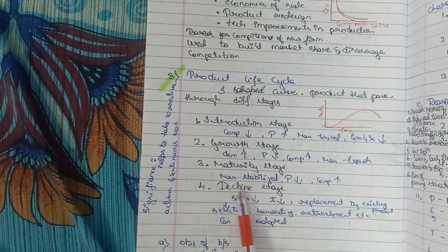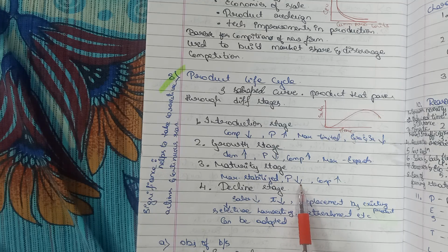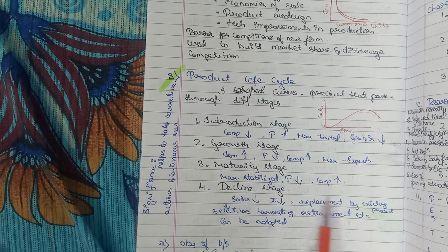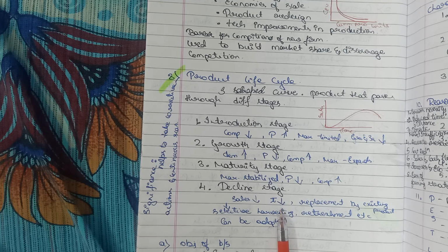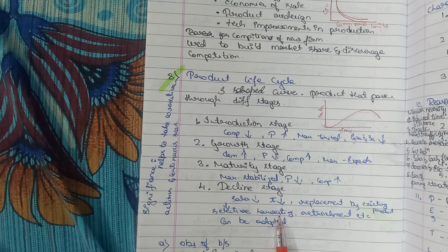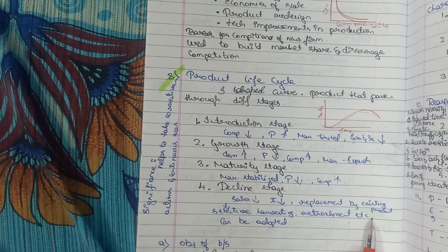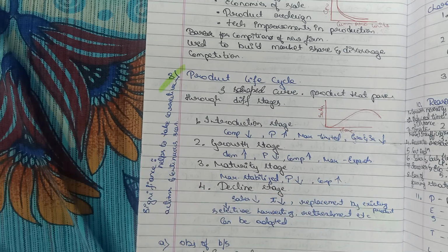In maturity stage, market is stabilized, product price will decline, competition will be high. Decline stage: sales will be less, profit will be less, replacement, selective harvesting, retrenchment, etc. can be adopted. Significance: helps to take corrective action and continuous scan.